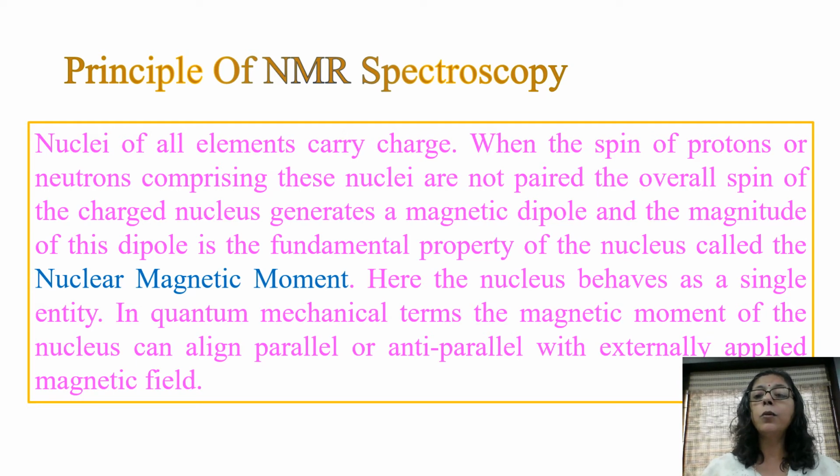Here, the nucleus behaves as a single entity. In quantum mechanical terms, the magnetic moment of the nucleus can align itself parallel or anti-parallel with the externally applied magnetic field.